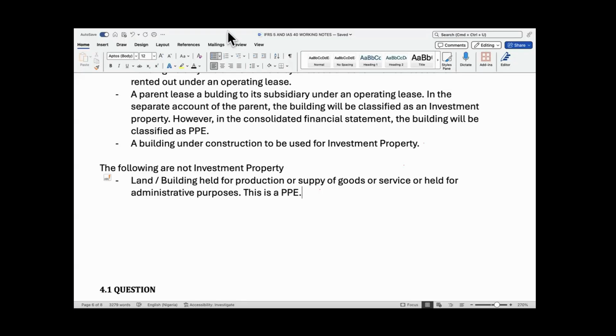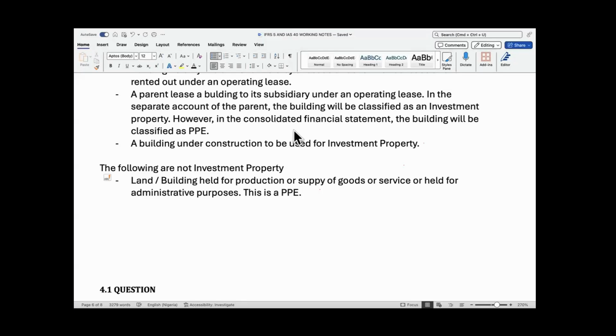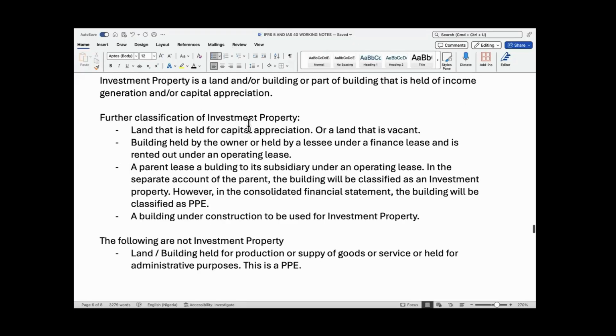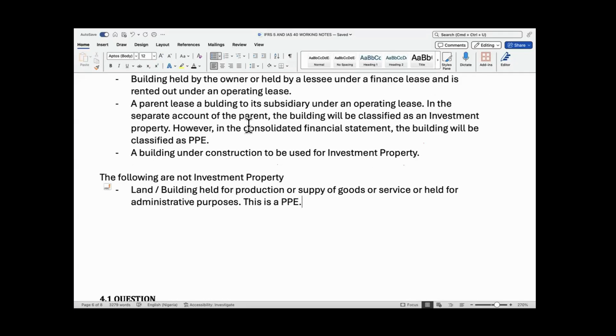They have a land and they have designated that our staff will use this land as a parking space. So if you are the accountant, based on what I've mentioned so far, how would you classify such a land? Will you classify it as investment property or PPE?